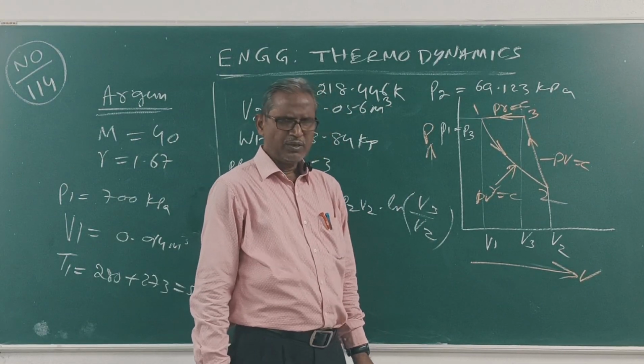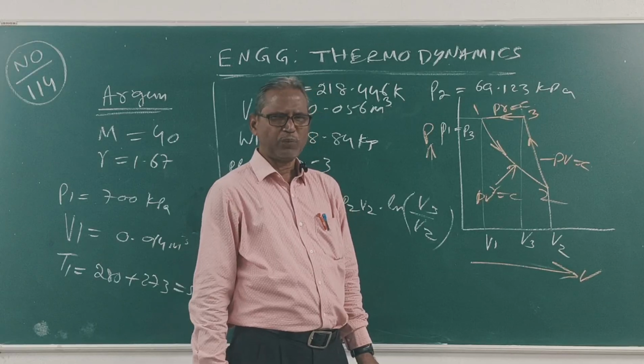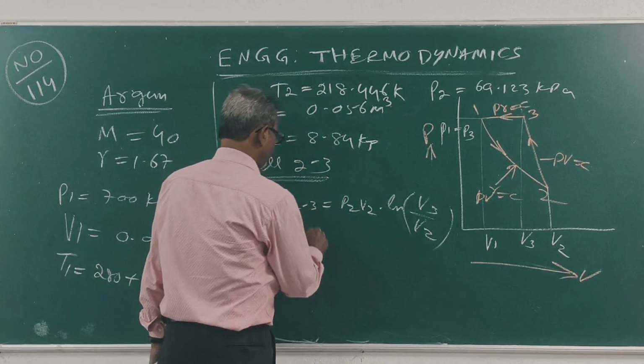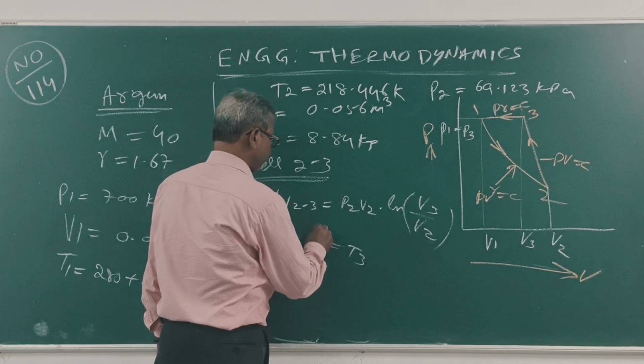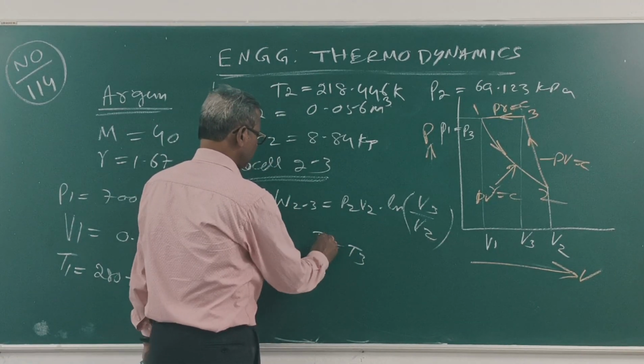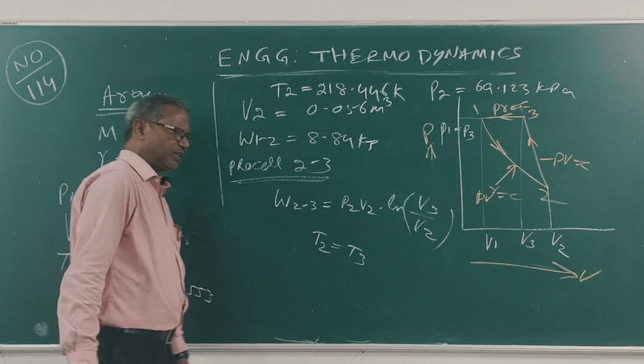Clear? V3 by V2 means P2 by P3. Now in process 2-3, T2 is equal to T3. This is an isothermal process.